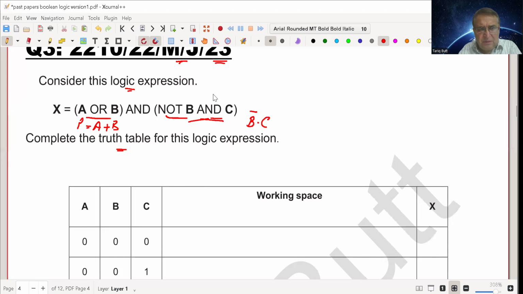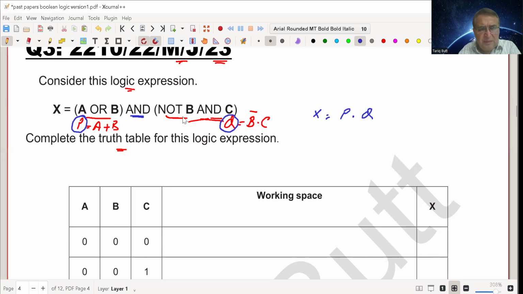Let me call this Q, and then you have to AND P and Q. You can simply write that X is P and Q.